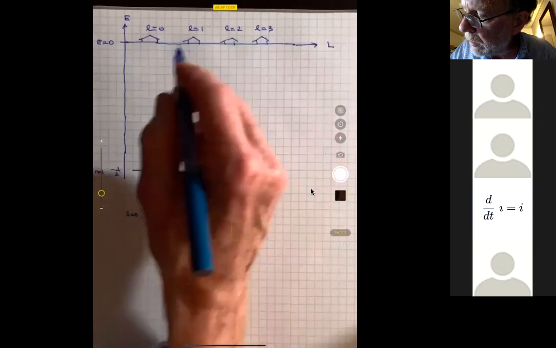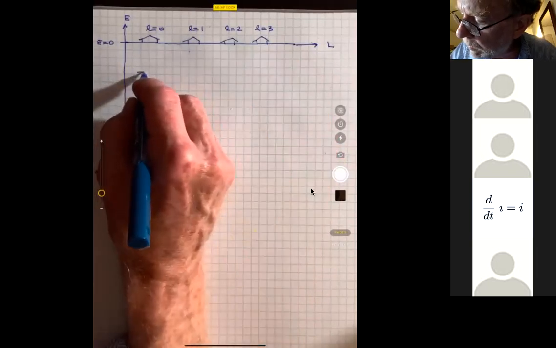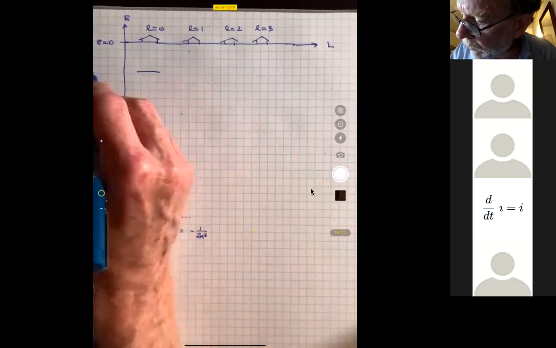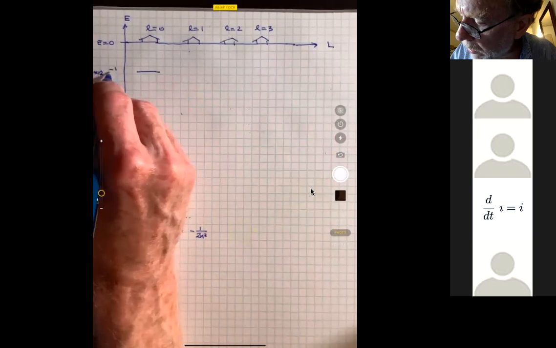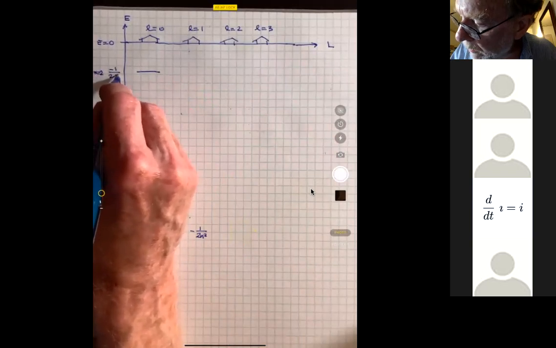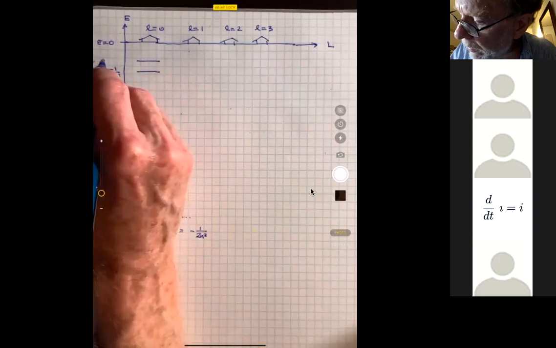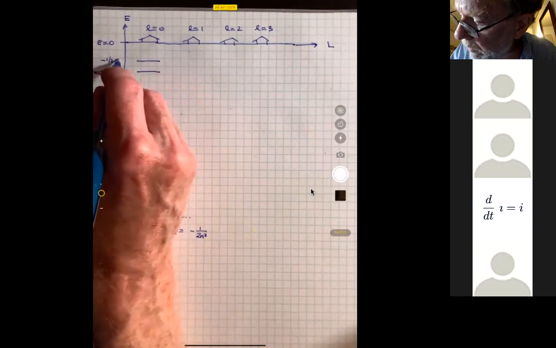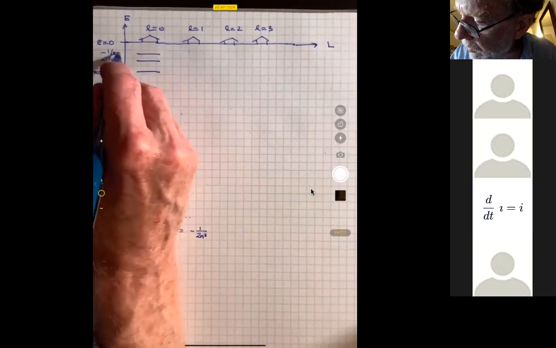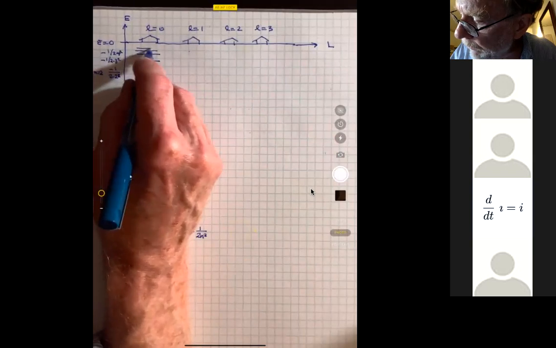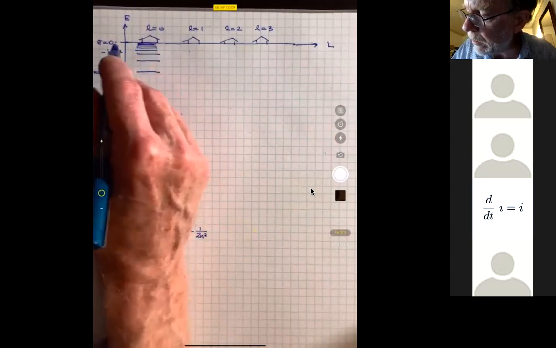In any case, we move 3/4 of the way up, and we have n equals 2, with an energy of -1/2 times 2 squared. Somewhat above that is n equals 3, with an energy of -1/2 times 3 squared. And there's an n equals 4 at -1/2 times 4 squared, and so on. Then there's an infinite number of energy levels that accumulate up like this until you reach the continuum at E equals 0.